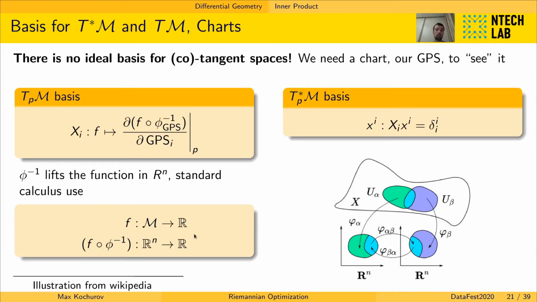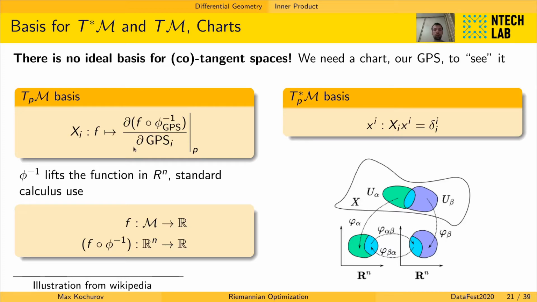And the function, the temperature change function, can be represented as a function not defined on Earth, but on the map. So it maps real numbers to real numbers. And that's what we see in the directional derivative. So we use standard math to compute the directional derivative.